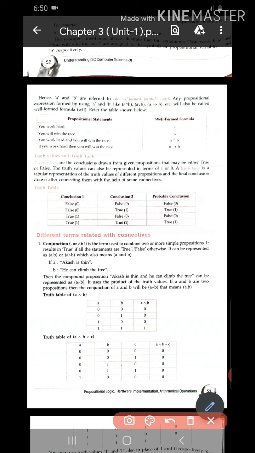How are we going to find it out? Some rules should be there. See how you are going to write it out. If you have only one statement which provides a conclusion, then it is either 0 or 1, meaning either false or true. If a variable or a condition is only one, then it is either true or false. But if you have two different conditions, then what happens?